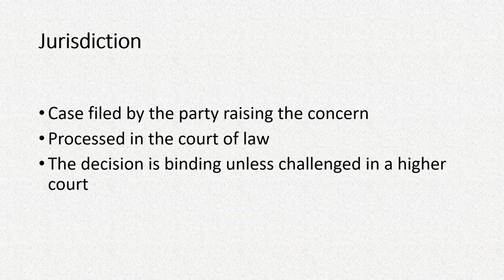That means if you are resolving this in a district court and you are not accepting the judgment, then you can challenge it in high court, and if it is not resolved in high court, then you can go to Supreme Court.